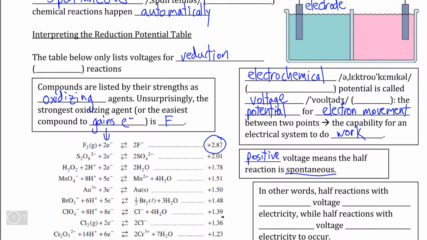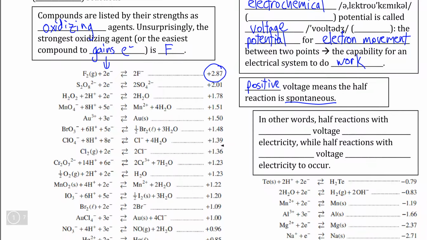In a more practical way, any half reaction that has a positive voltage is a half reaction that produces electricity, and because the reaction releases electricity or is able to do work with the electron flow, it is defined as being spontaneous, while any half reaction that has a negative voltage is defined as requiring electricity in order to function.